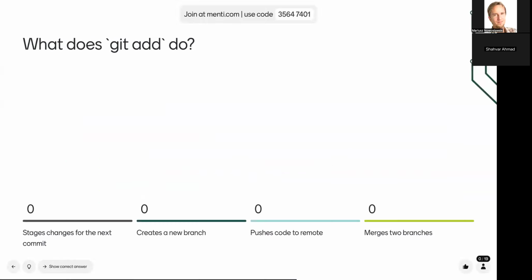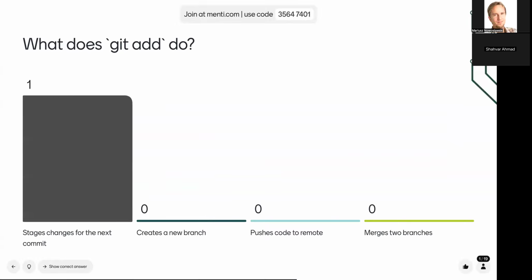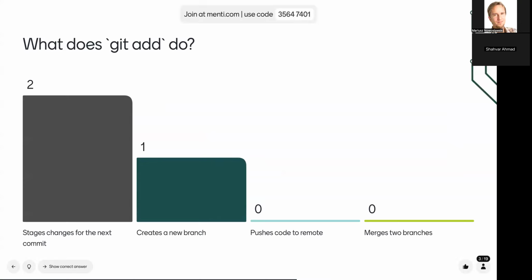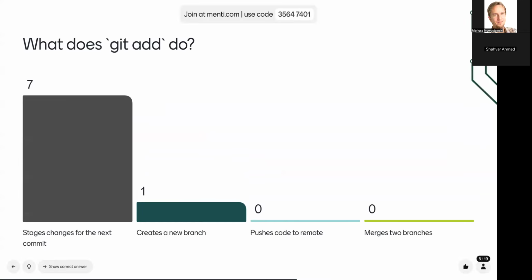All right, so Git, okay. Git add. We technically don't have to learn Git in this course.